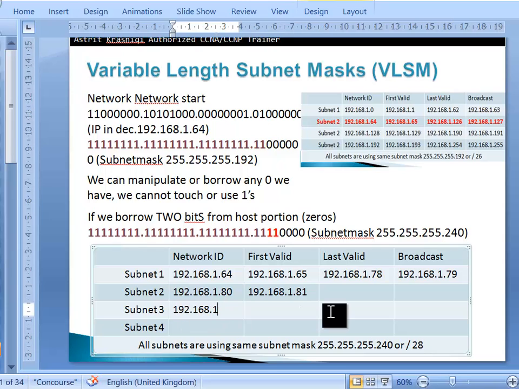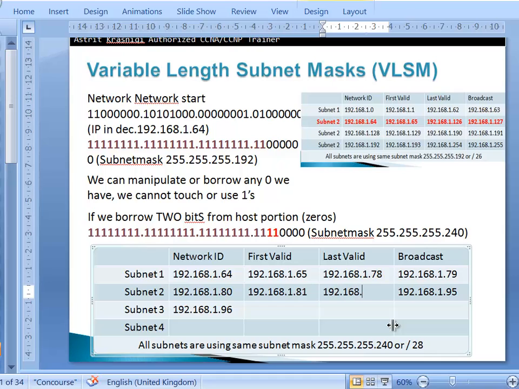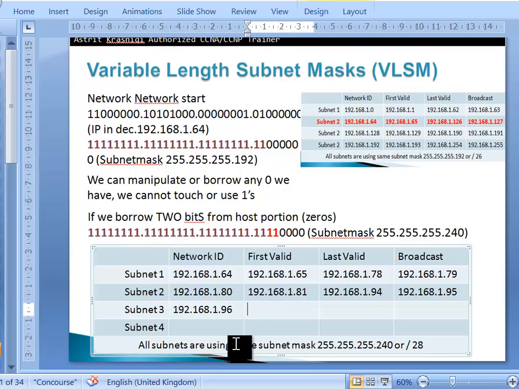This bit represents 16, so we increment by 16, giving 96. The broadcast of subnet 2 is the subnet 3 network ID minus 1, which is 192.168.1.95. The last valid address is the broadcast minus 1, so 192.168.1.94.